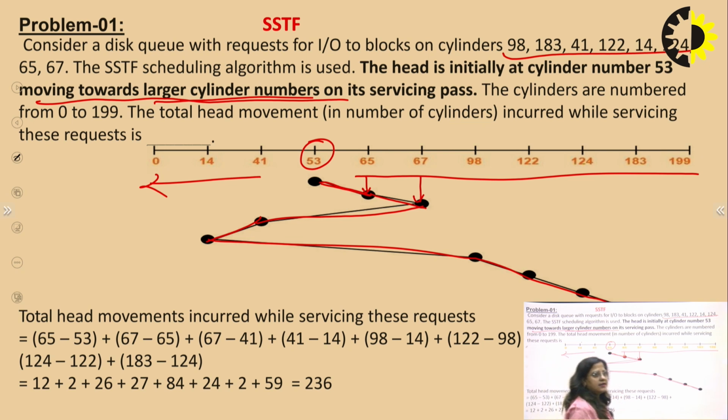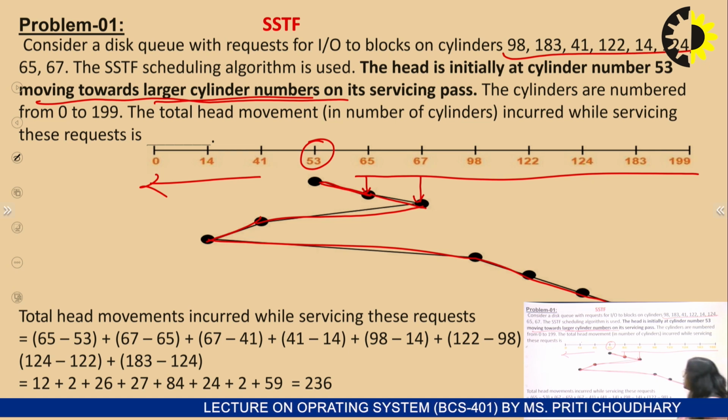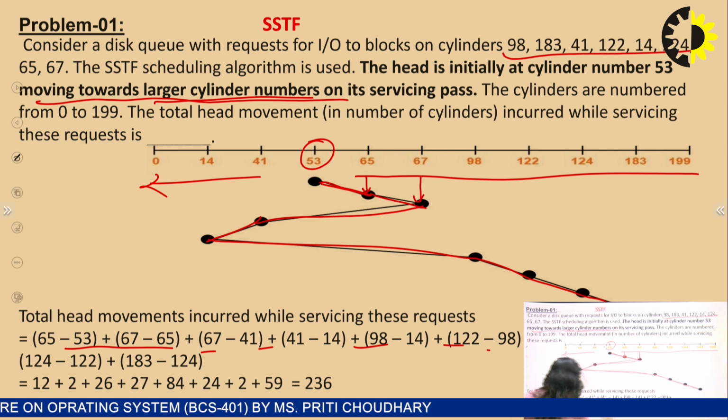So at the end we find out the total head movement, okay. The total head movement is found the same way: 65 minus 53, 67 minus 65, 67 minus 41, 98 minus 14, 122 minus 98, 124 minus 122, and at the end 183 minus 124, okay.